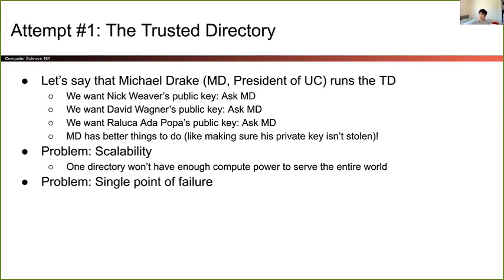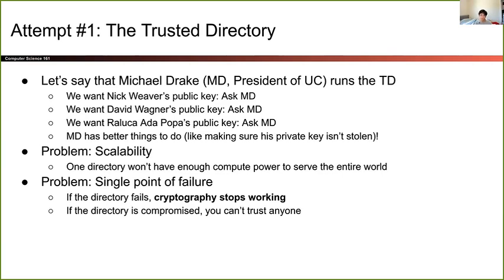And single point of failure, this starts to be brought up in chat. If Michael Drake is offline, then suddenly all of our infrastructure is broken. Cryptography just stops working because I have no way of figuring out what the public key of someone is, and I can't communicate with them. If the directory is compromised, so if Michael Drake becomes evil, for example, then you can't trust anyone.